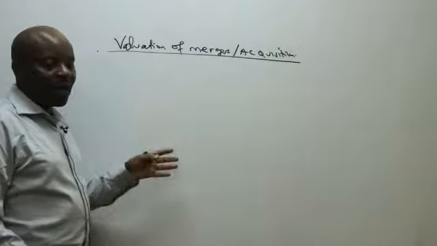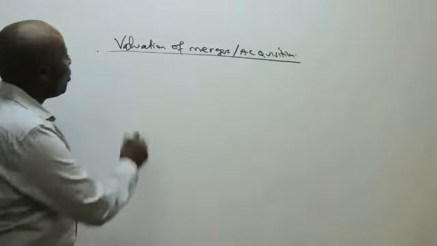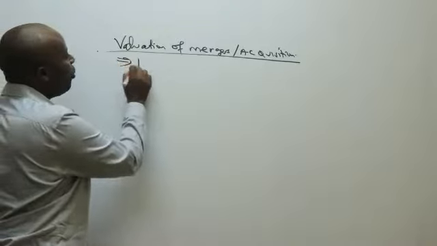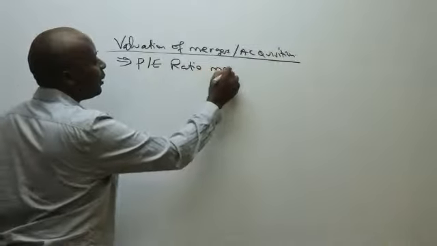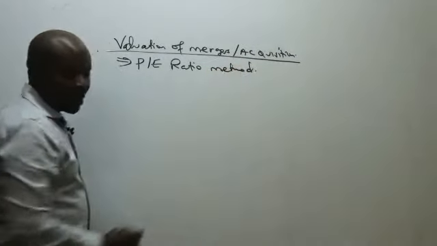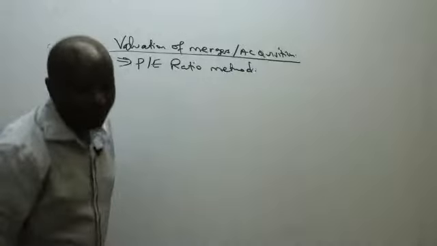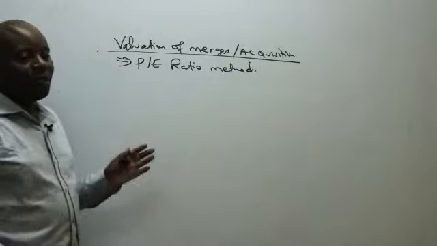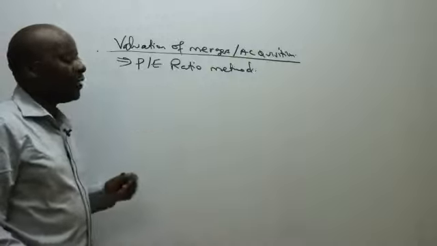And some of them are really in the videos that I gave you. But at times you could get an examiner who wants you to use what we call the PE ratio method to value an acquiree.